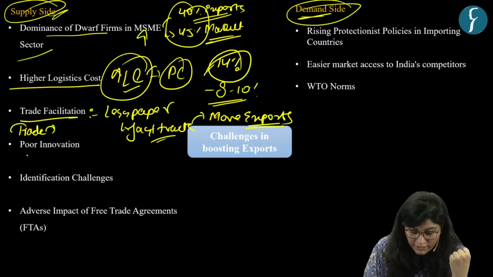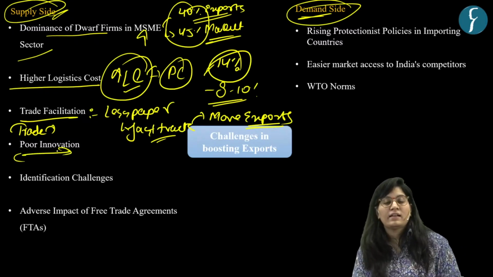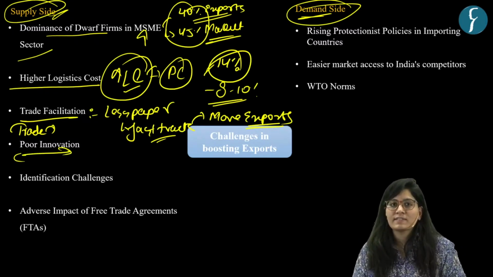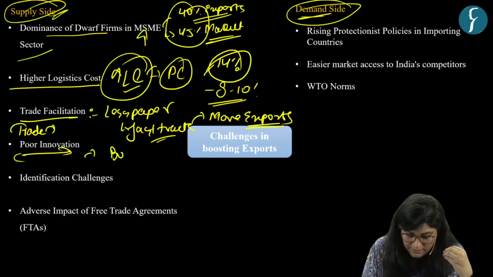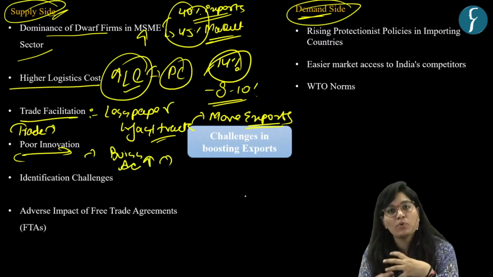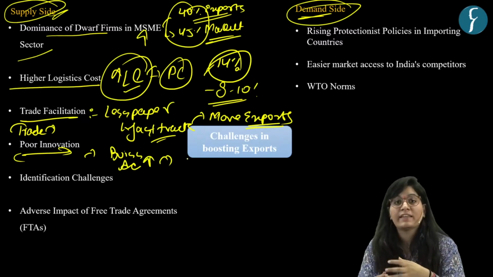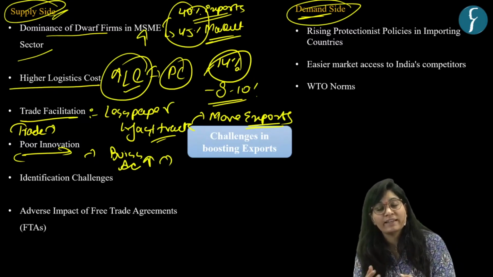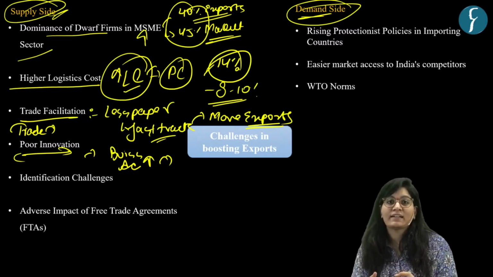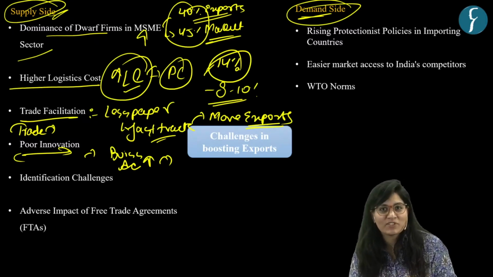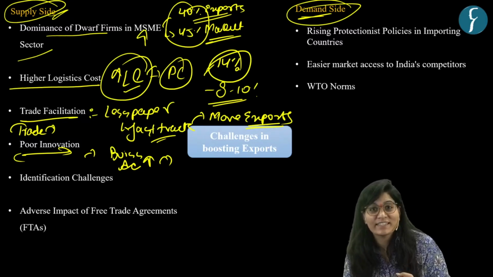Then we have poor innovation. See, just now we have discussed the beauty of good innovation, because if you consider business activity with high innovation, definitely their products will be more market competitive because they are more technologically sound, with less price. But India is not having such a situation, because India is spending how much percentage on R&D?